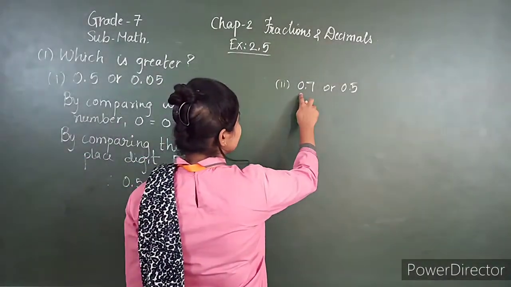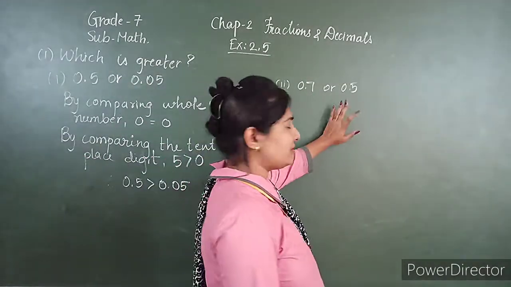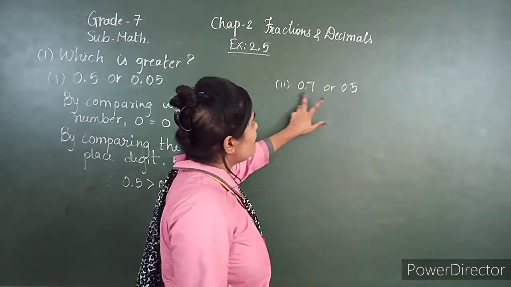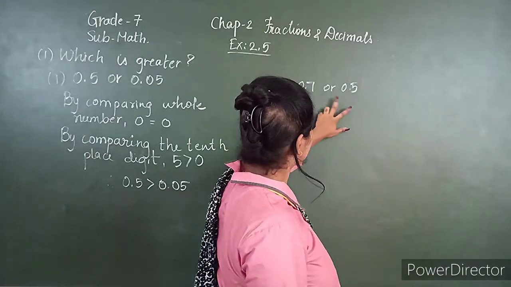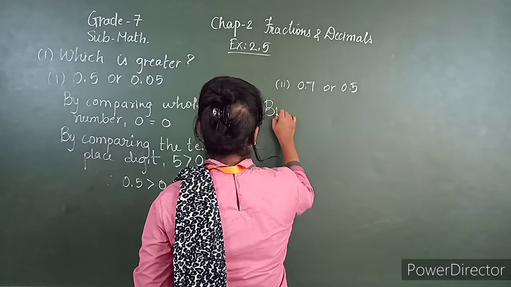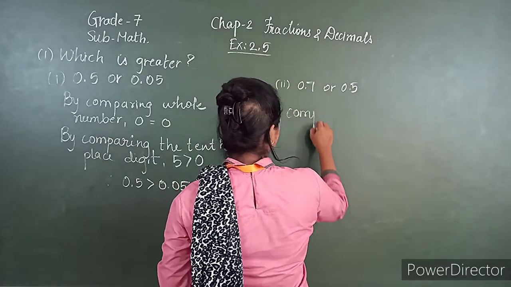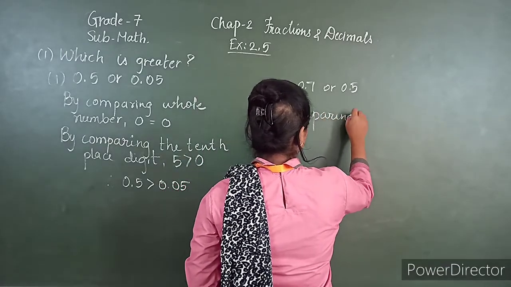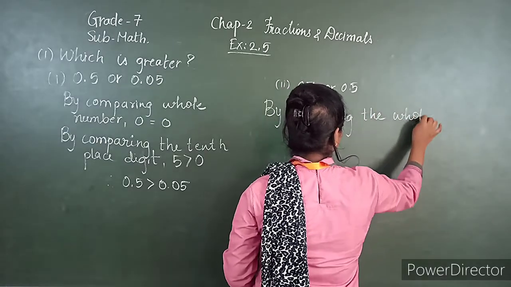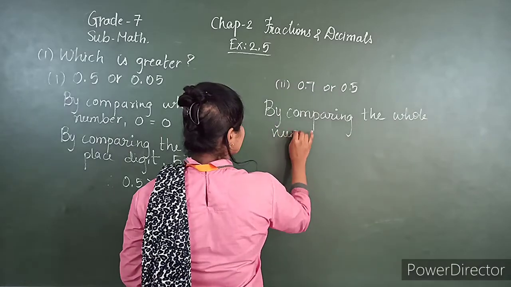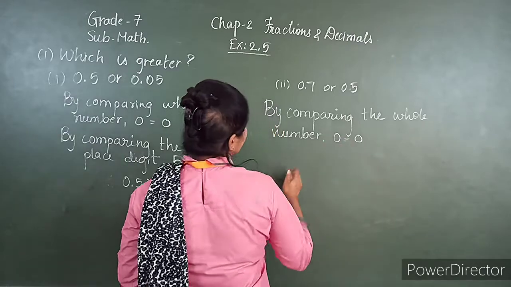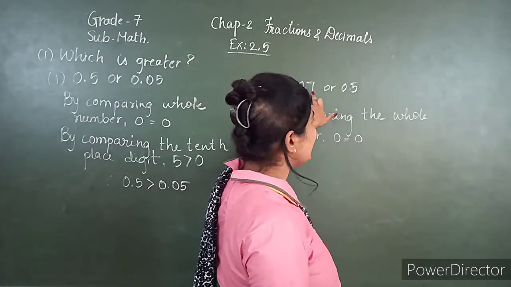Now next question, 0.7 or 0.5. Now here first of all let's see the whole number. In both the numbers the whole numbers are the same. So by comparing the whole number, 0 is equal to 0. Then we have to compare the 10th place digit.